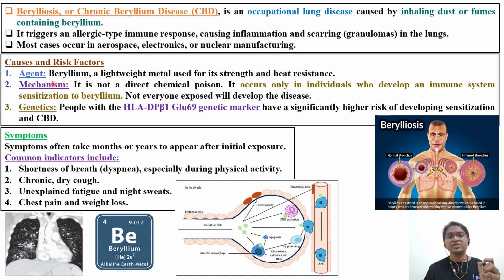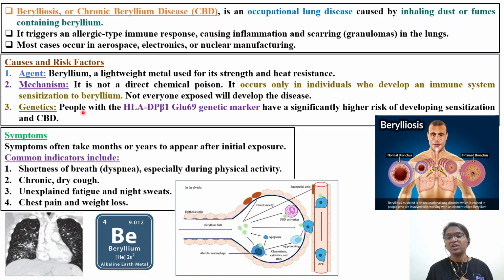Causes and risk factors. The agent, beryllium, is a lightweight metal used for its strength and heat resistance. It is not a direct poison. Here you can stop the video and go through how it causes direct toxicity and how it affects different cells in the alveoli. It is not a direct chemical poison; it occurs in individuals who develop an immune system sensitization to beryllium.